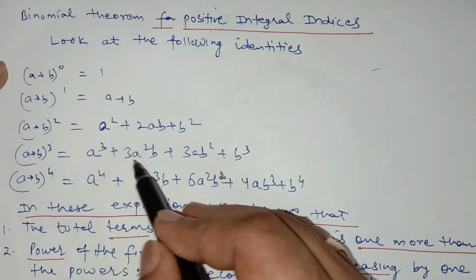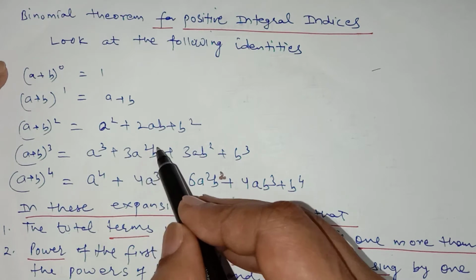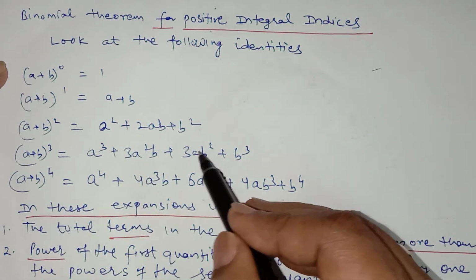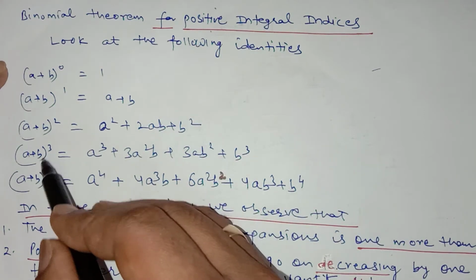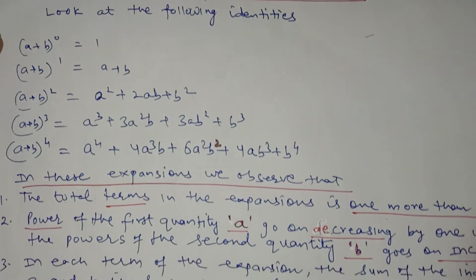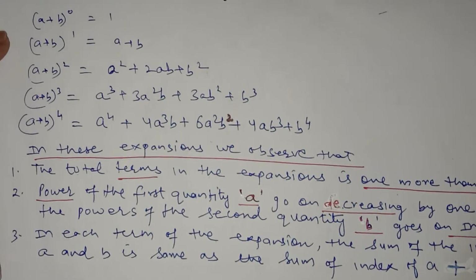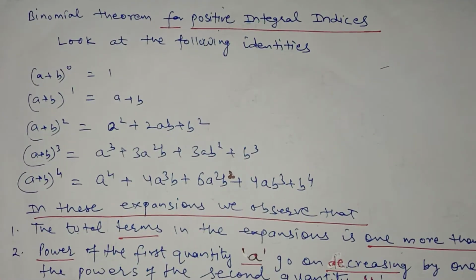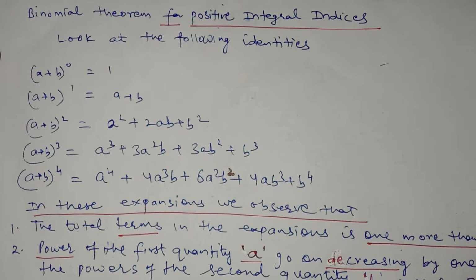The power here is 3: the power of a is 2 and of b is 1, 2 plus 1 is 3. The power of a is 1 and of b is 2, so 1 plus 2 is 3, and so on. So these are some observations in the binomial expansion when we have positive indices, or positive powers.